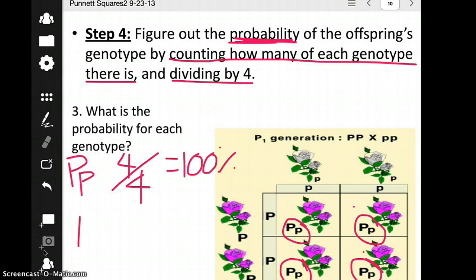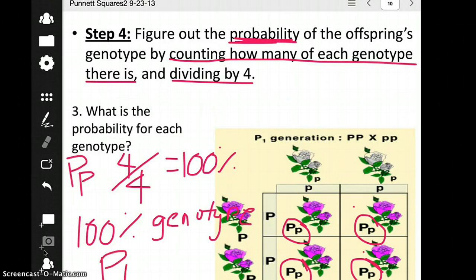So there's a 100% chance guaranteed that the genotype will be big P, little p. Okay, that's the probability. That's the chance that the genotype will be big P, little p. So no matter what happens, every single baby that these 2 parents make is going to have big P, little p genotype. Okay? Let's keep going.